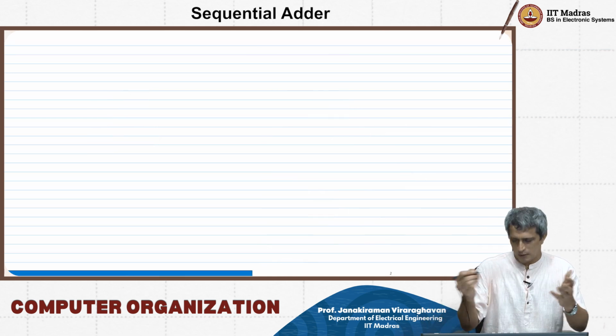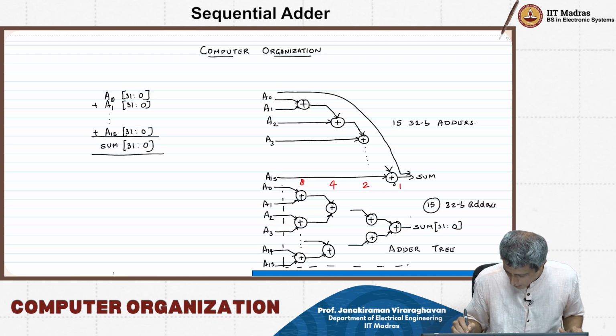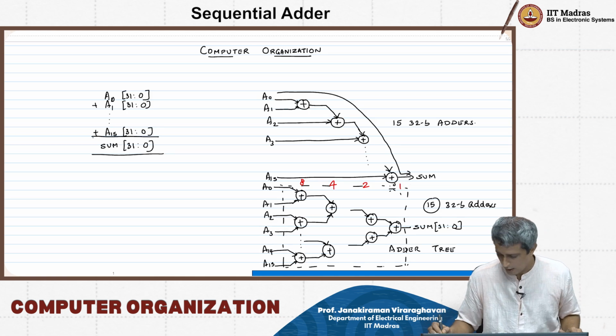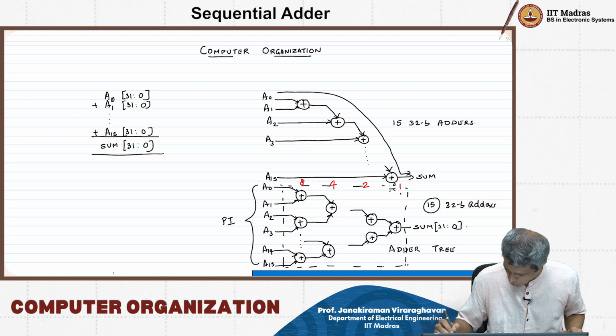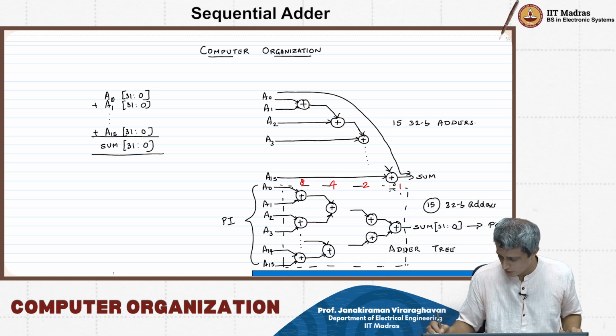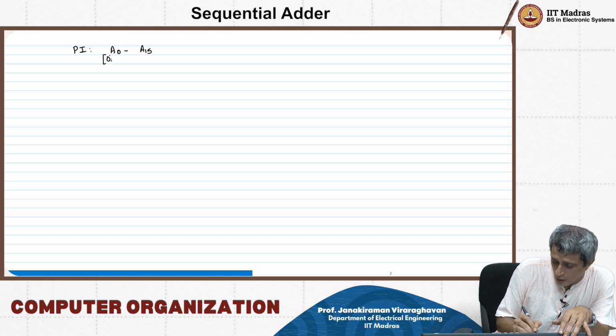But now just think about this black box, which is going to just do the addition for you and give you the sum. All these are what you call the primary inputs, and this is your primary output of this block. So the primary inputs of that block are A0 to A15, and each of these is a 32-bit number, 31:0.